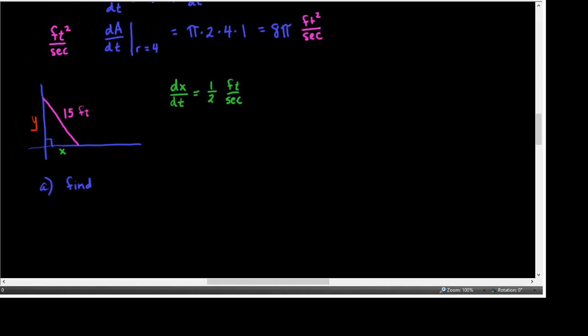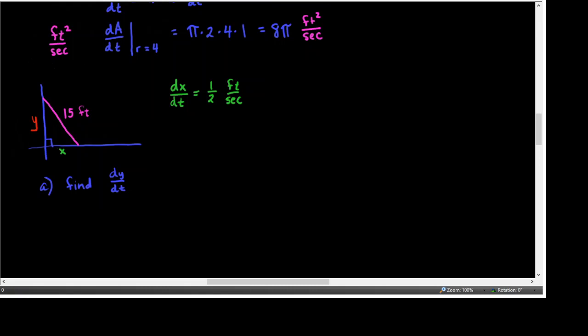All right, so anyway, we're supposed to find the rate at which the ladder is moving down the wall, so find dy dt, the rate at which y is changing. And if it's down the wall, what kind of number do you expect dy dt to be? Is y increasing or decreasing? And that should inform you about what kind of answer you're expecting. And we'll come back to that and make sure that our expectations are met.